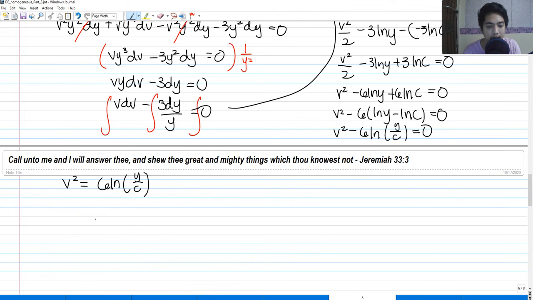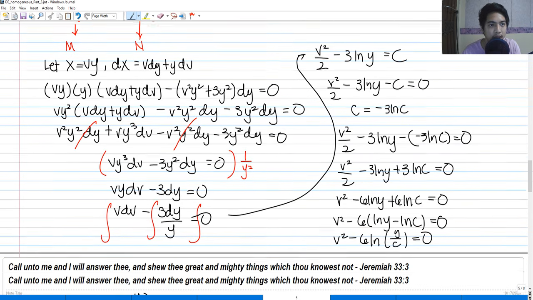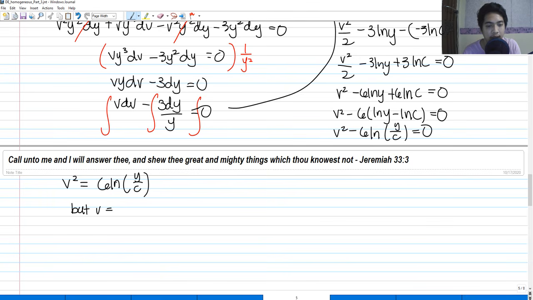Now it's time to back substitute the value of v. And we will be getting the value of v here, which would be x over y. So we have v as x all over y, so that v squared is x squared all over y squared, equals 6 ln of y all over c.